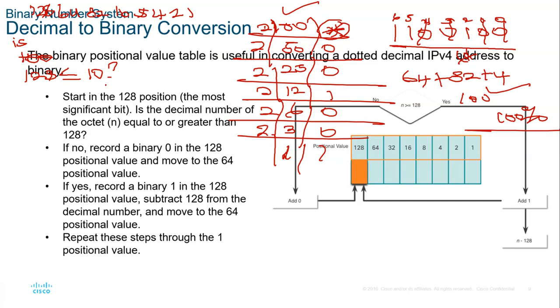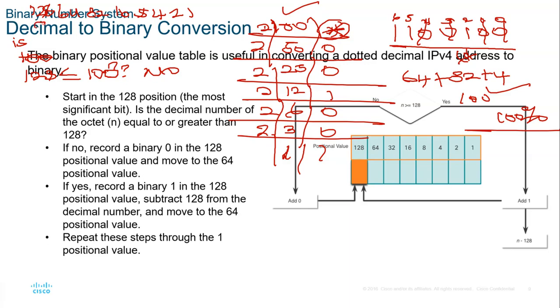If the answer is yes, then you record the 1 and you subtract that position value from 100. So if the answer is yes, we're supposed to subtract 128 from 100, but the answer is no. So there is no action here.